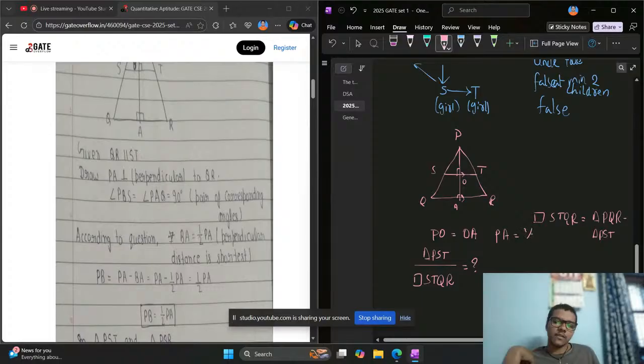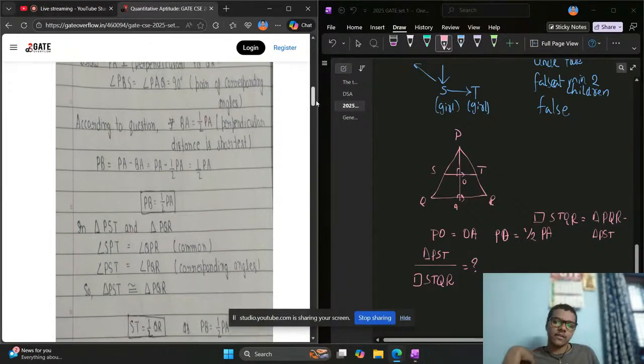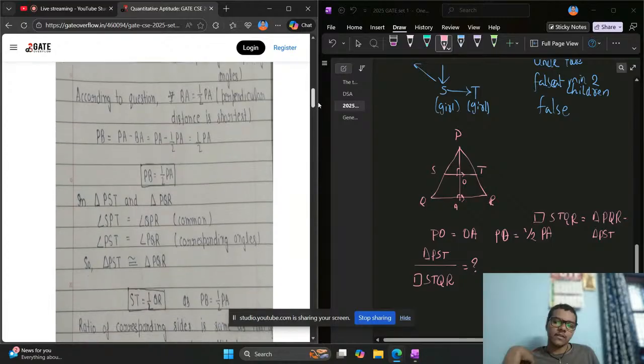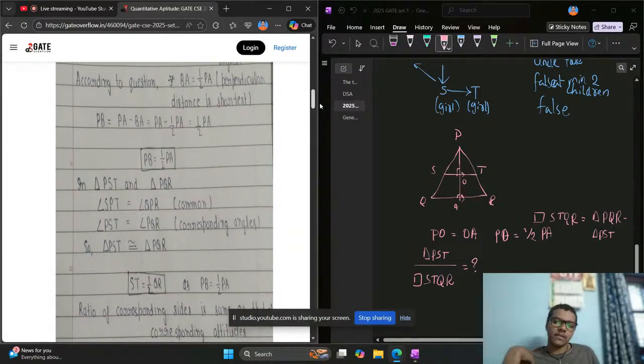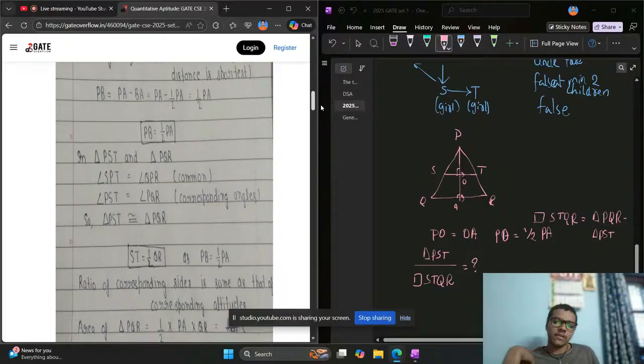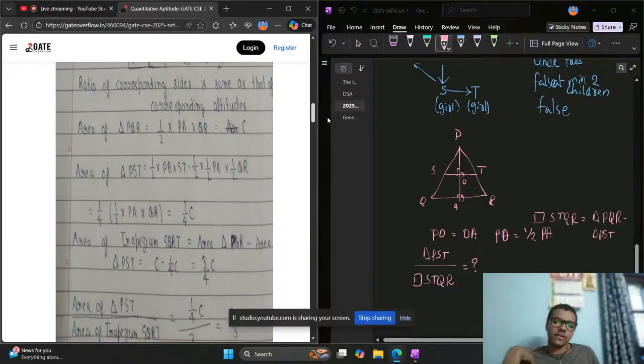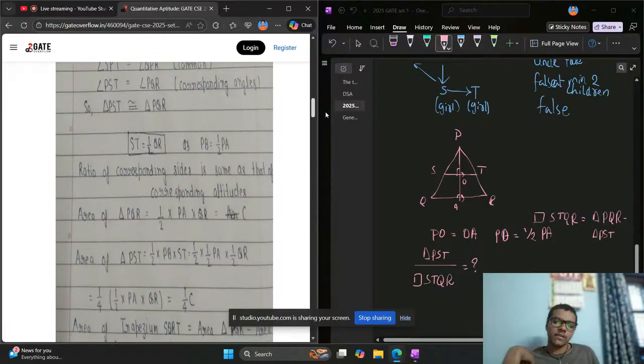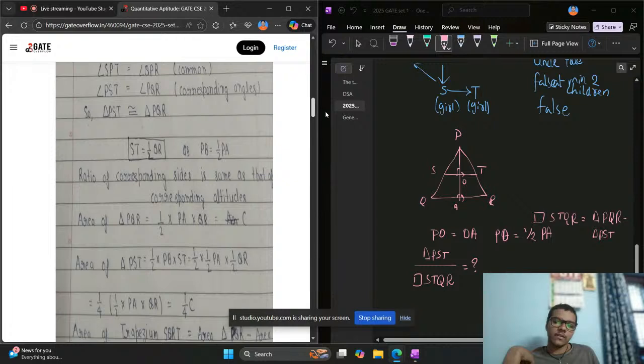So PO is equal to half PA. That's good. So now we need to prove congruent, or do you say that? No, that's not congruent. Similar, yeah, similar.